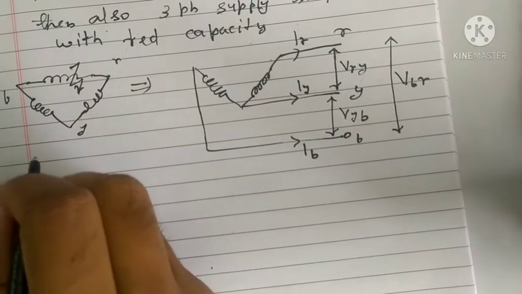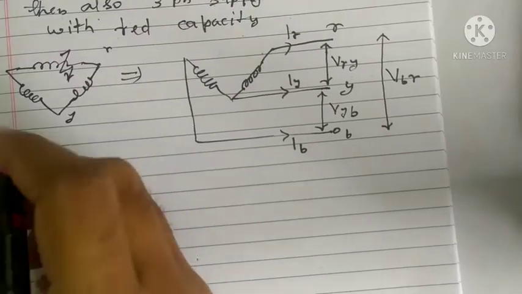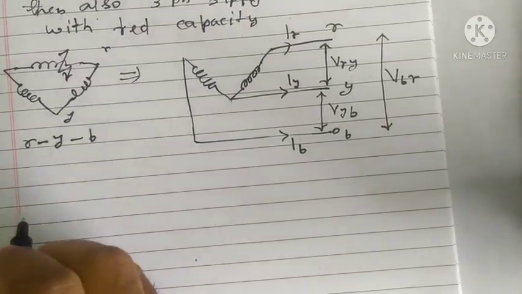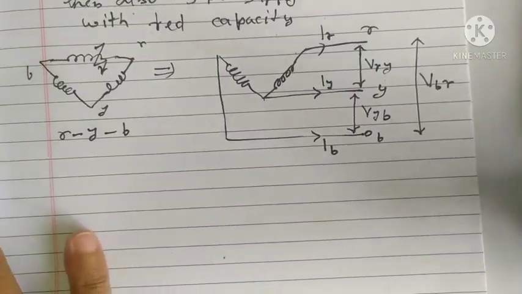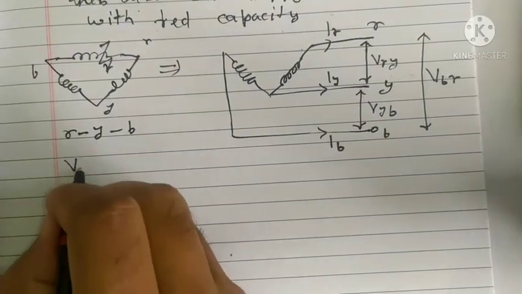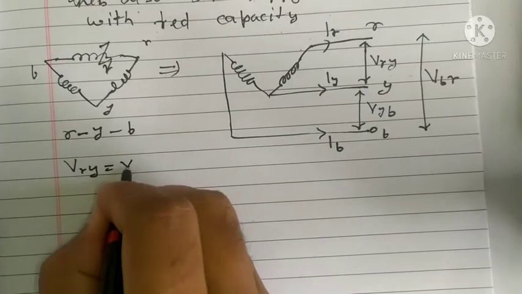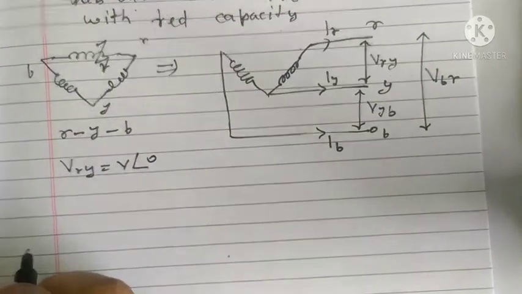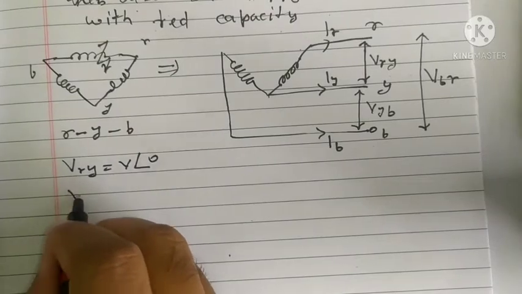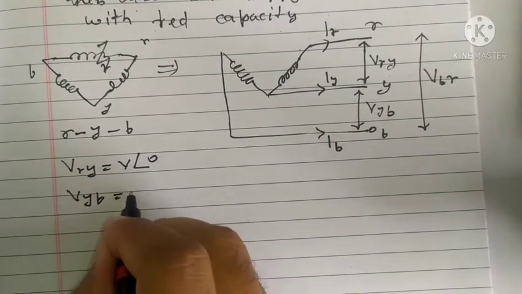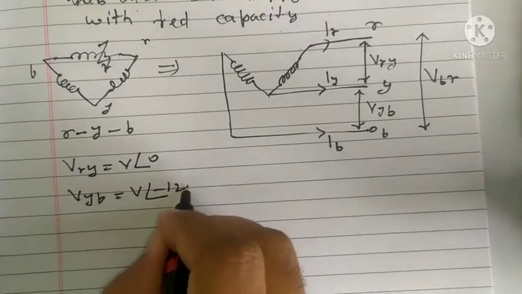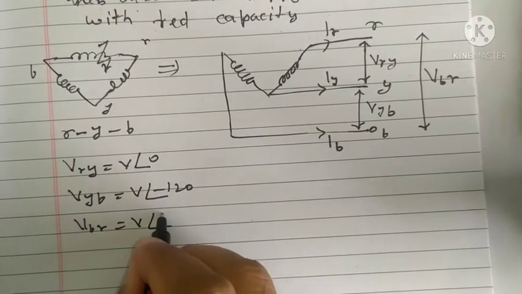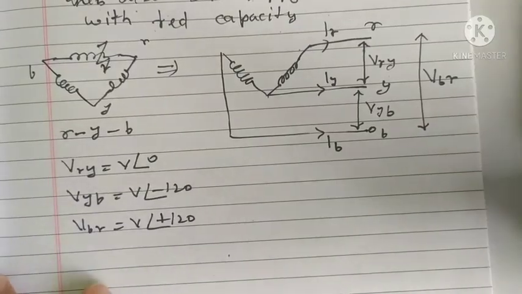So I can write voltages following phase sequence R, Y, B. If line voltage is V, so VRY can be written as V, and if I am taking VRY as reference, so V angle 0, VYB will be V angle minus 120 and VBR will be V angle plus 120, right?